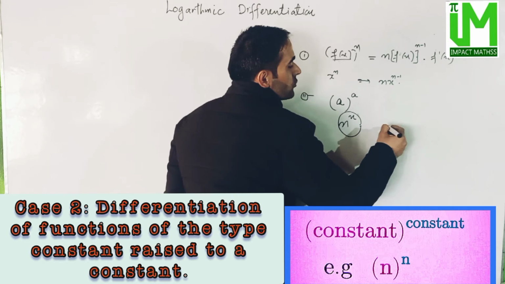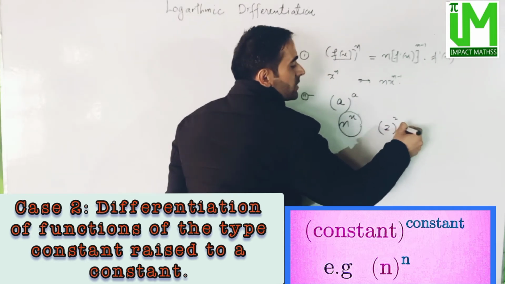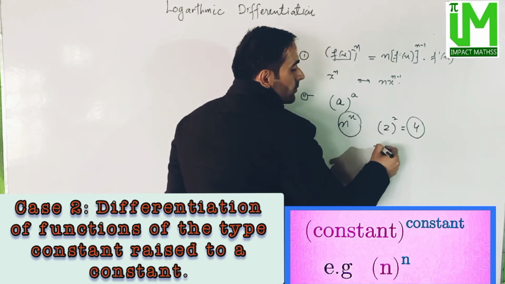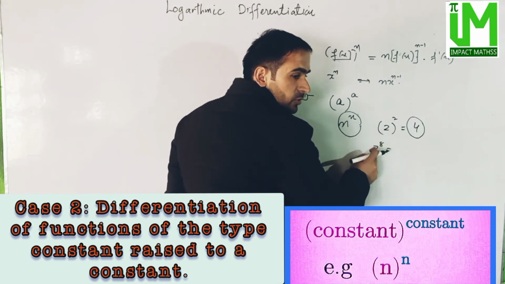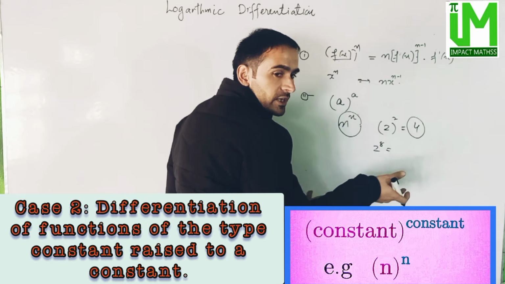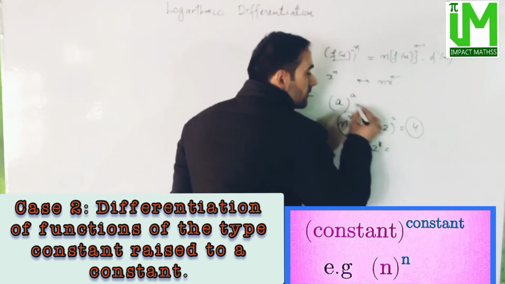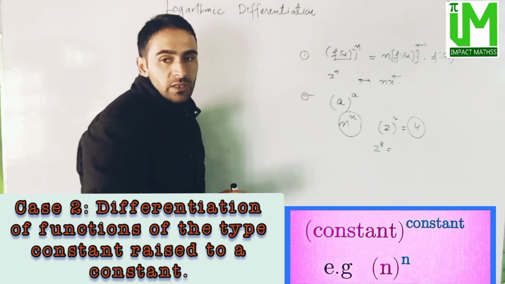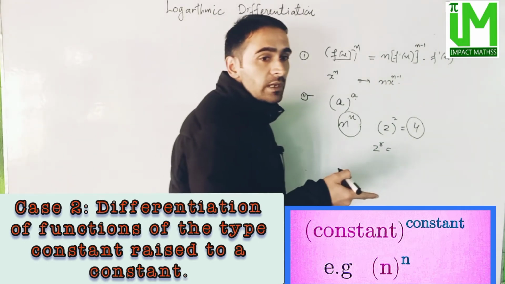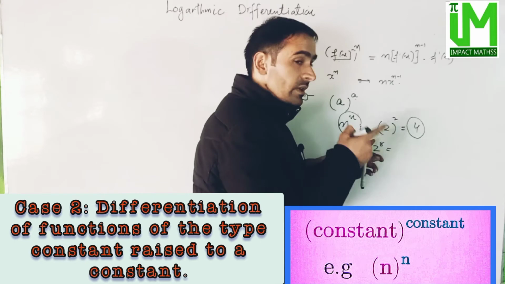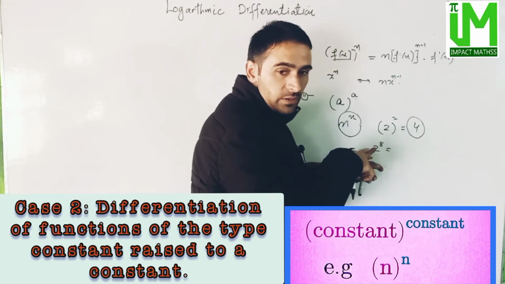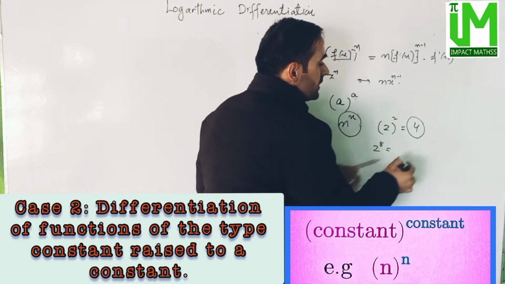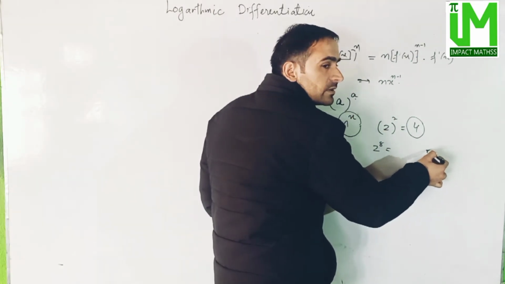Suppose 2 raised to power 2, that will be 4; or 2 raised to power 8, it will be a constant. So if we differentiate a raised to power a or n raised to power n, we end up with 0, because the derivative of a constant is 0.